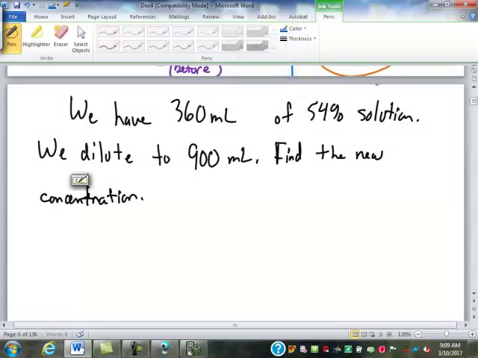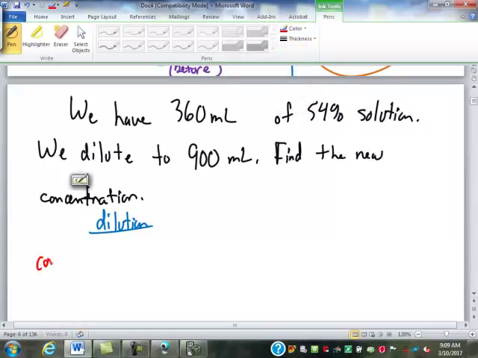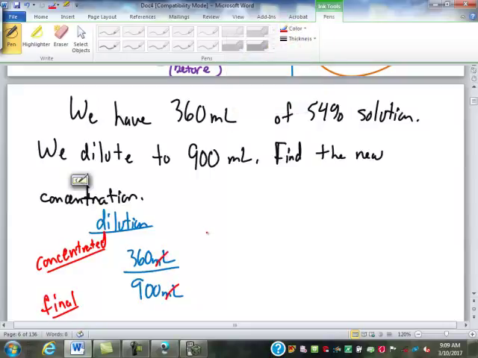So we need to find our dilution here. The dilution is going to be the concentrated volume over the total volume, or the final volume. So that's the 360 milliliters over 900 milliliters. The milliliters cancel out. What can both of those be reduced by?